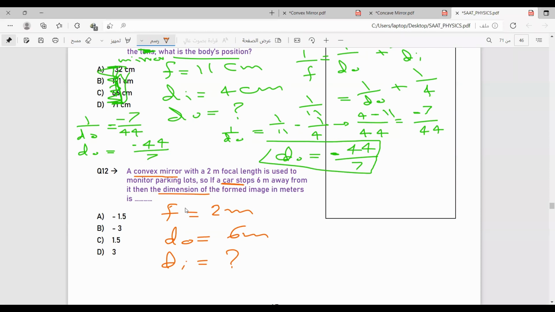Same thing. Now we will utilize 1 over F equals 1 over di plus 1 over do. 1 over F is 1 over 2, then di we don't know, let's keep it here, plus 1 over 6.